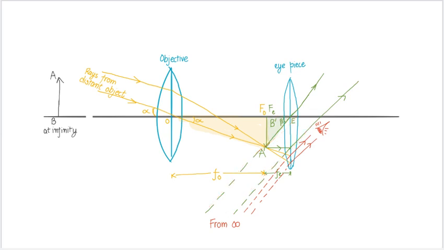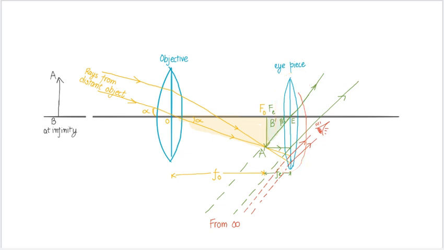So let us summarize. Your object AB, which was placed at infinity, forms the image A'B' at the focal length of the objective using your objective. Now this image A'B' will act as an object for your eyepiece. This object is also placed at the focal length of the eyepiece.